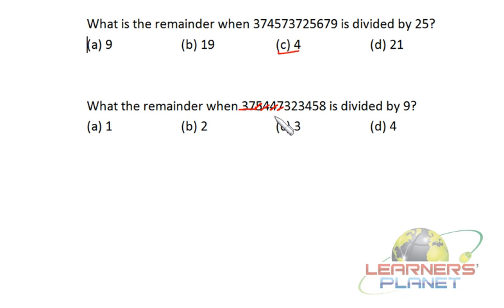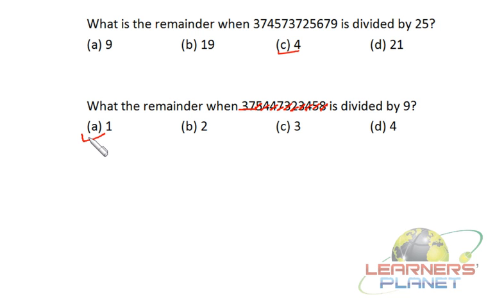Now we are getting 3. 3 plus 3, 6 and 2, 8, 9, 10, 11. Further we are getting 2. 2 plus 4, 6, 6 plus 5, 11. We are getting 2. Then 2 plus 8, 10. So finally the remainder is 1. If 10 is divided by 9, we'll be getting the remainder as 1.